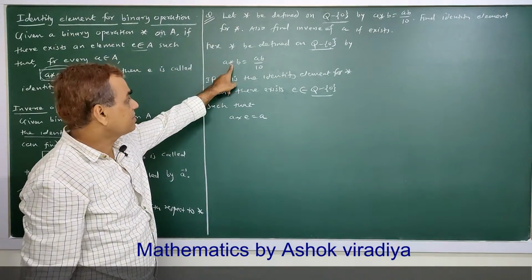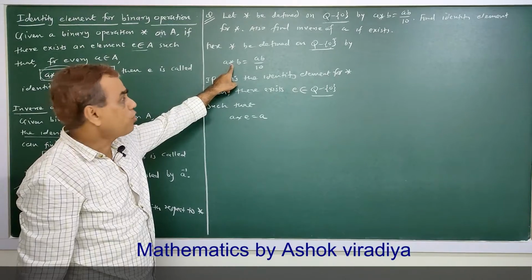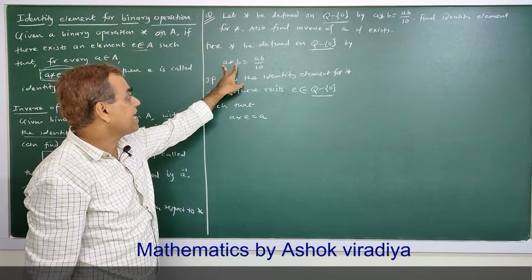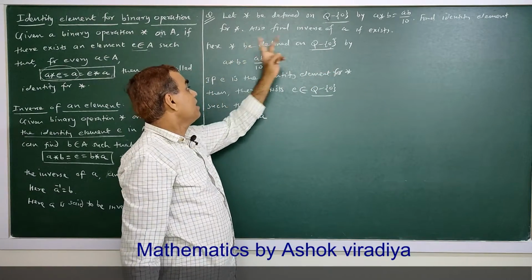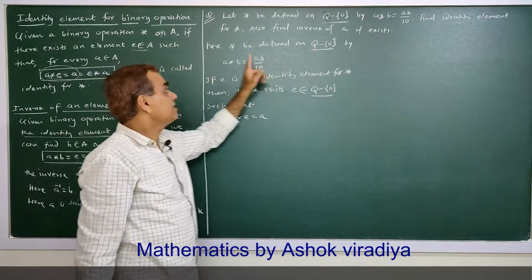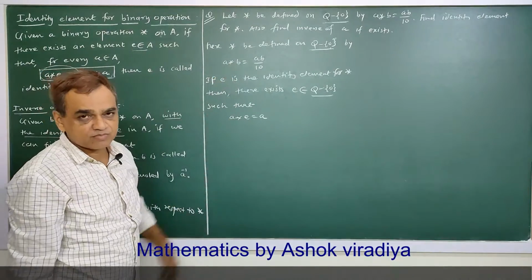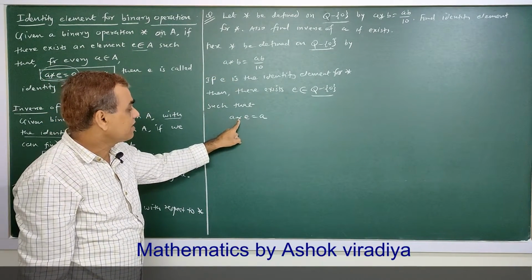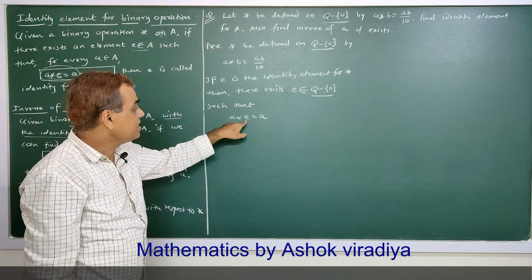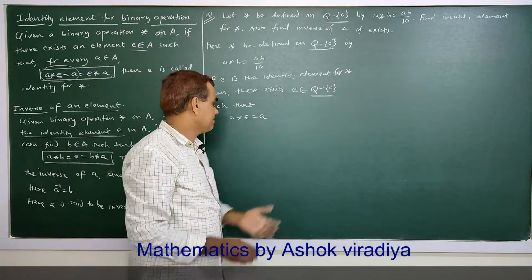It works only on elements A and B belonging to this set. A and B both must be in this set, then this will work. So here, because it is working on A and E, E must be from the same set.